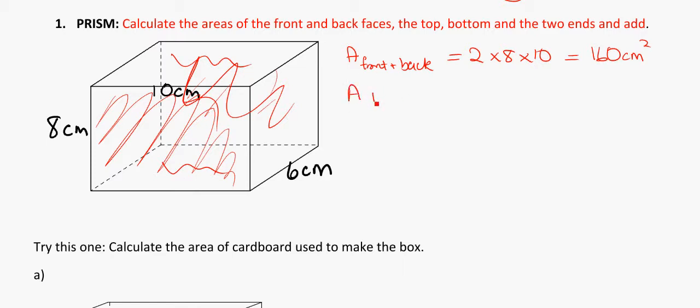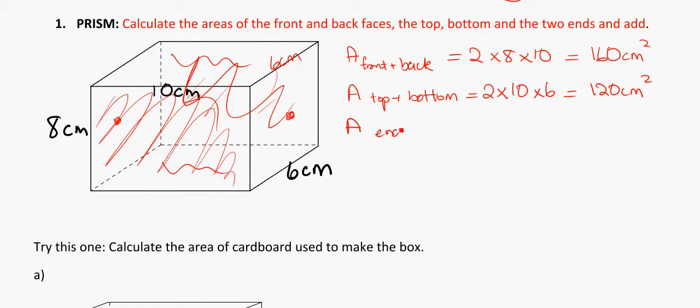Now we're going to do the top and the bottom. So the area of the top and the bottom. Now if it was open, you'd only do the bottom, not the top. And now what have we got here? We've got a 10. Now that 6 is also the same here, so it's a 10 by 6, and we've got two of them, 2 by 10 by 6. And remember we're finding areas, so it's in centimetres squared, 120 centimetres squared. And now we've got the two ends, and what are the areas of those?